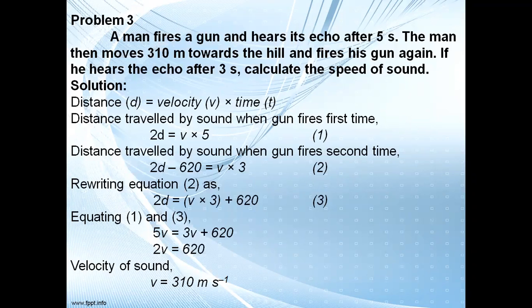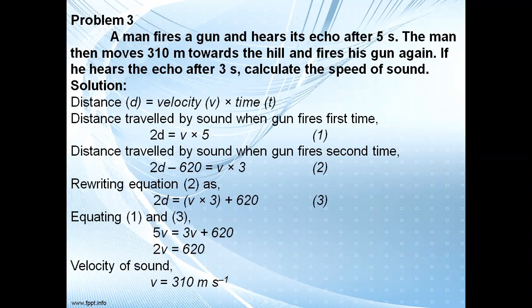Distance equals velocity into time, already we know that. So the distance traveled by sound when the gun fires the first time is 2d equals v into 5.